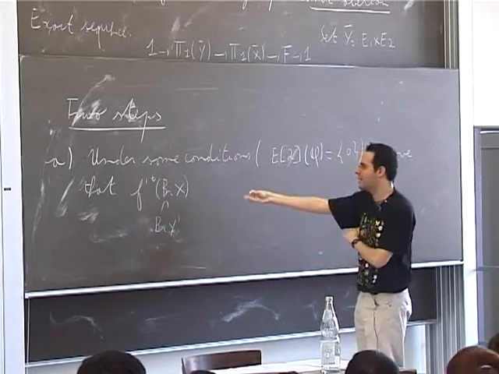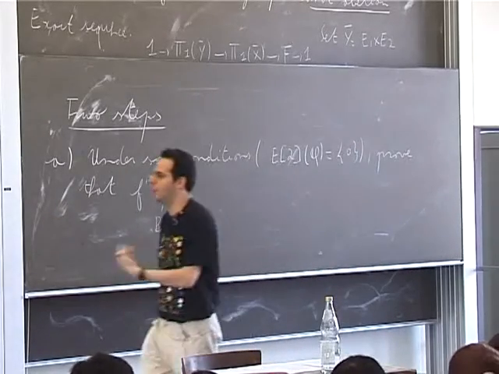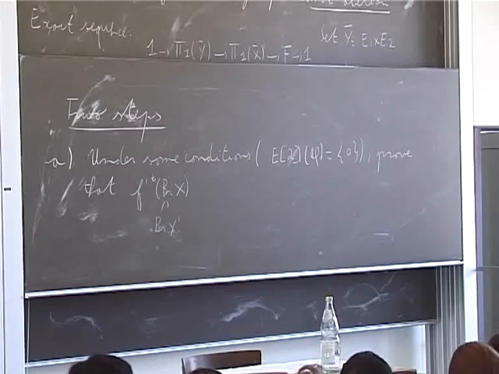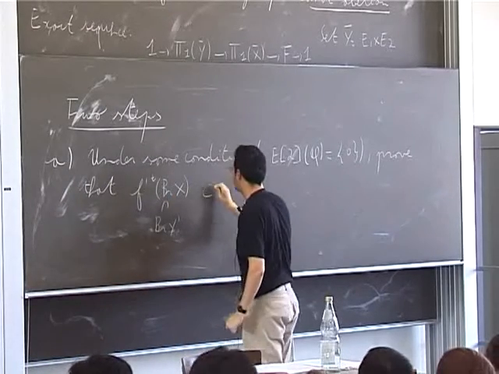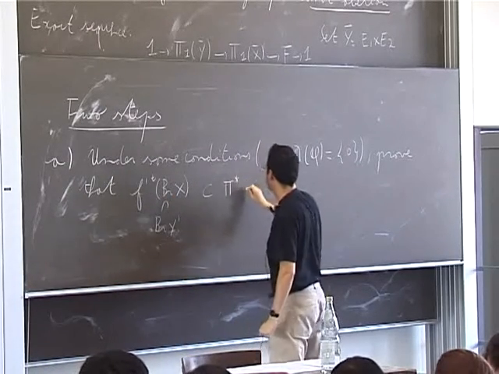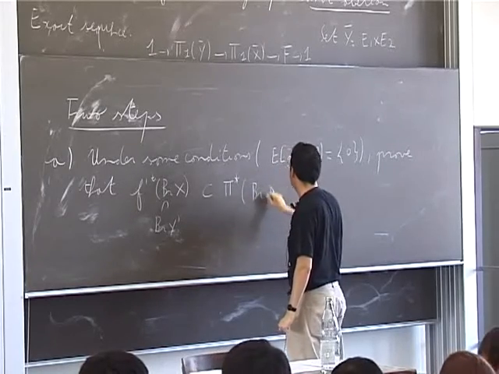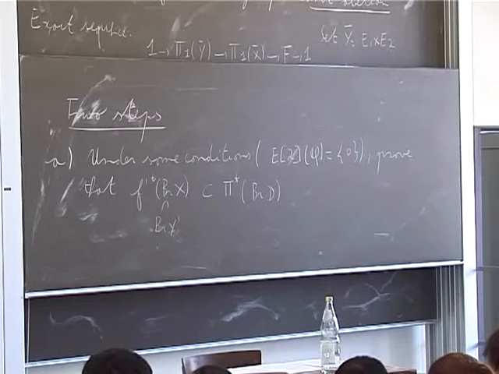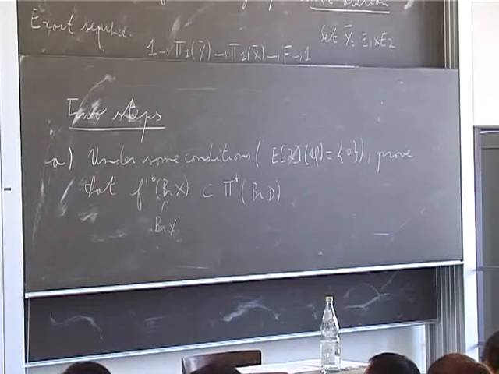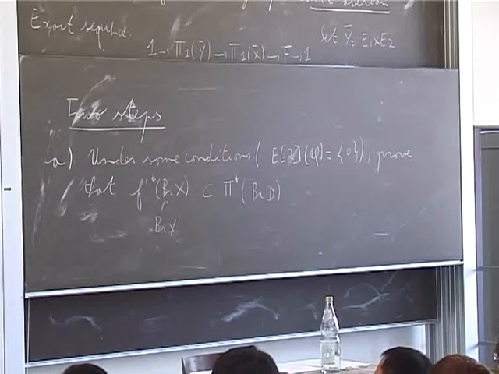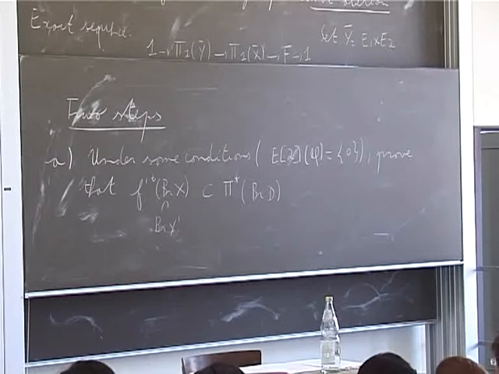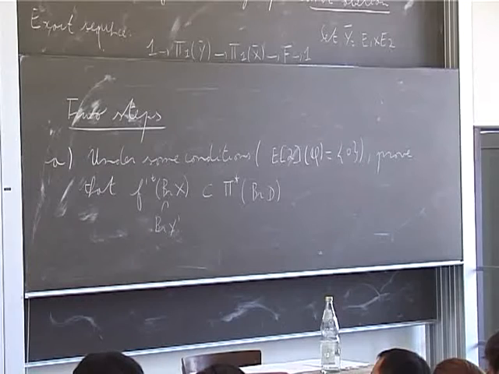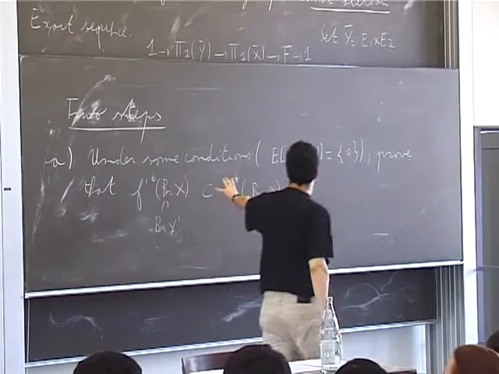You prove that in some sense this image is not too big because it is a subset of pi star of Brauer D. So what is pi? It's just the second projection, pi from Y prime to D. So this means that if you consider the image of the Brauer group of this variety into this variety, everything comes from the Brauer group of D. So this is really the difficult part of the proof.